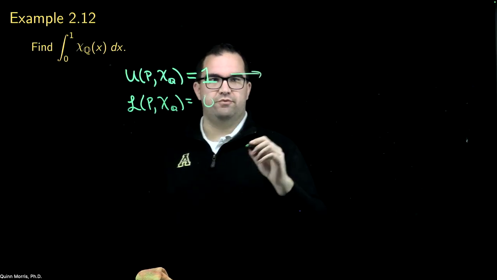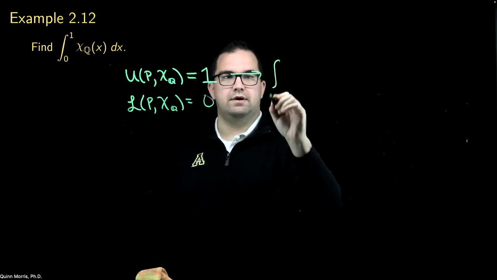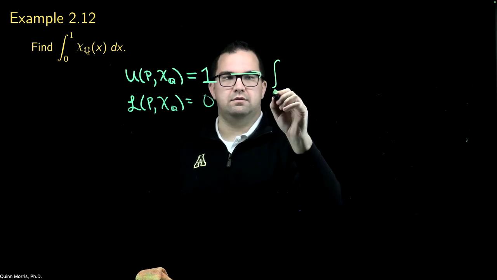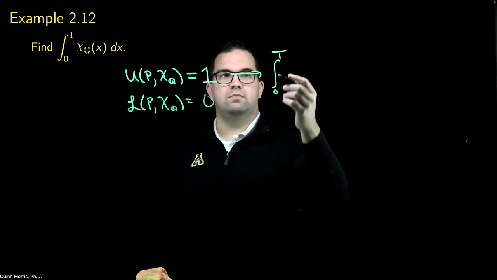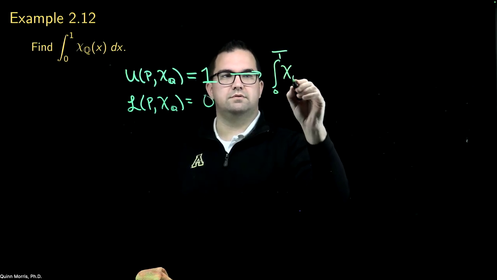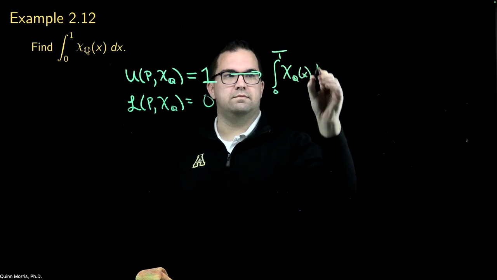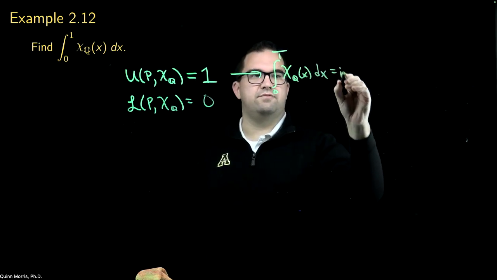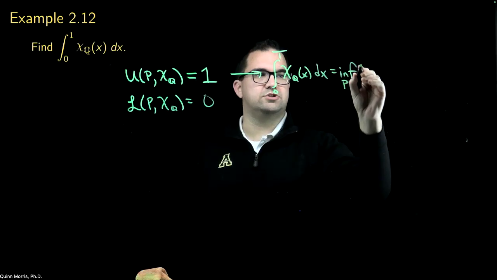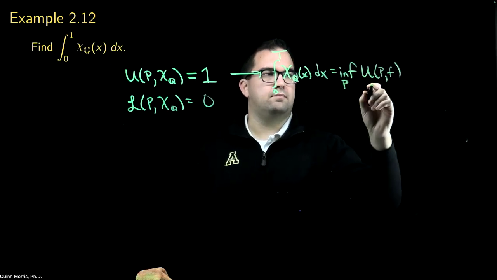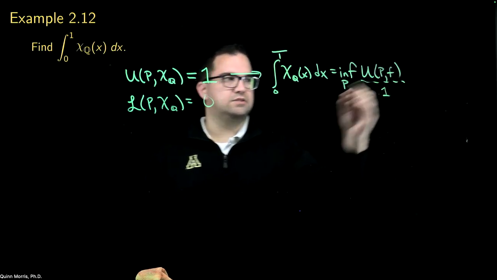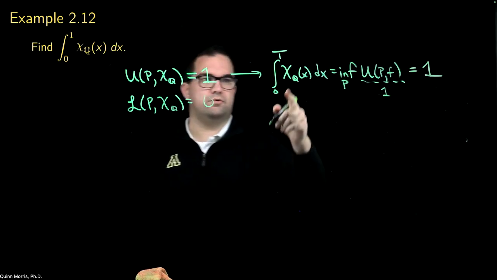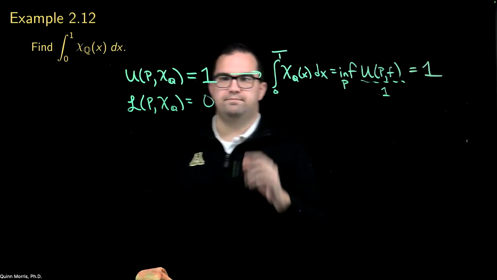So using this, what is the upper Darboux integral of this function? By definition, it's the infimum over all partitions of the upper sums, but each of these is 1, all of them are 1. And so the value of this upper Riemann integral turns out to be 1.